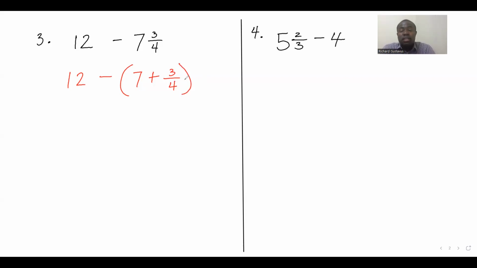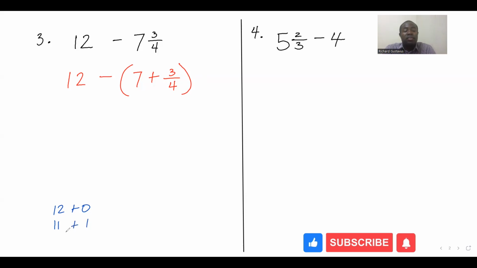Now, guys, the next step is to rewrite 12 strategically. You're going to rewrite that 12, that whole number, strategically. Now, there are many ways you can rewrite 12. You can rewrite 12 as 12 plus 0. You can rewrite 12 as 11 plus 1. You can rewrite 12 as 10 plus 2, so on and so forth, right?